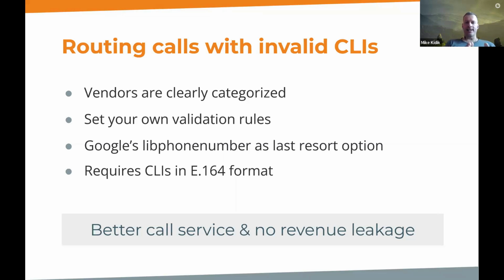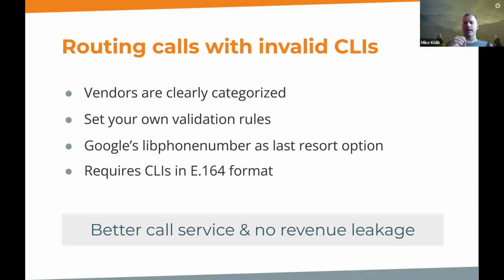So you start with categorizing vendors or other vendor connections. Basically, you mark them whether these vendors accept calls with valid CLI only, or they accept calls with any CLIs. Basically, they don't care about CLI. After that, you can set up your validation rules for the CLI, where you can say which prefixes are okay, what length, like what number of digits is okay, and so on.